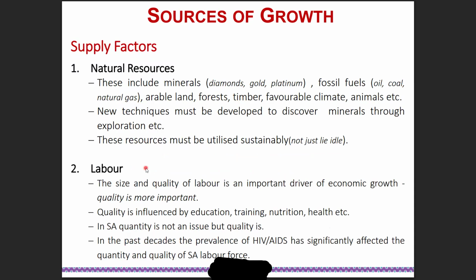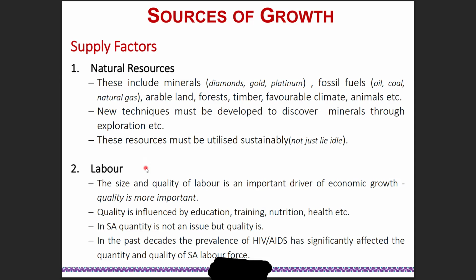Then also look at the supply factors. We had natural resources. We said the supply factors relate to the factors of production. So where we have natural resources, we said let's use our natural resources effectively and efficiently, and labor. With labor, we are more focused on the quality of labor, which is influenced by education, training, nutrition, and health, right?